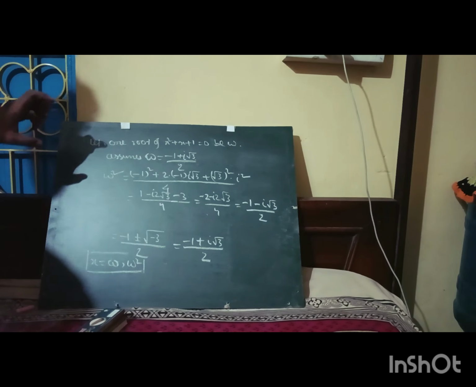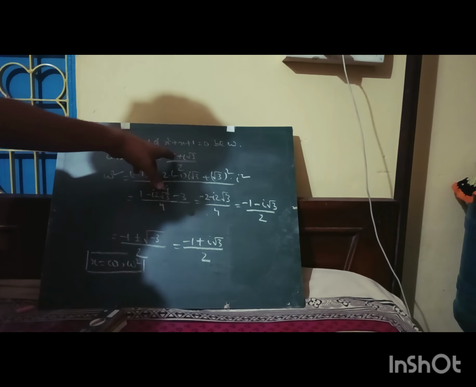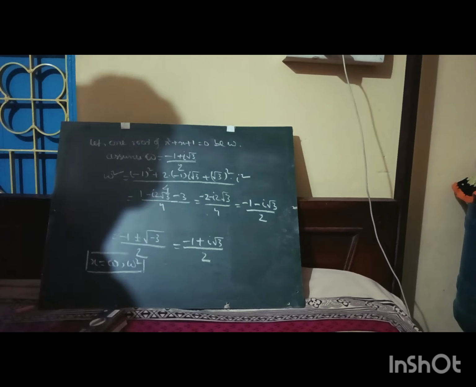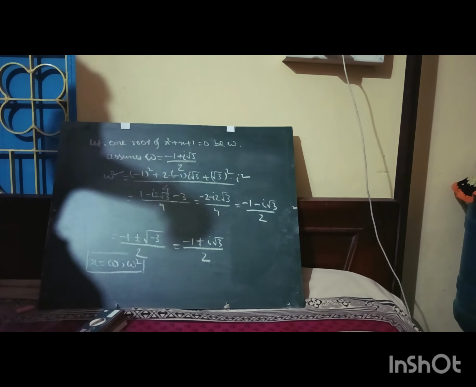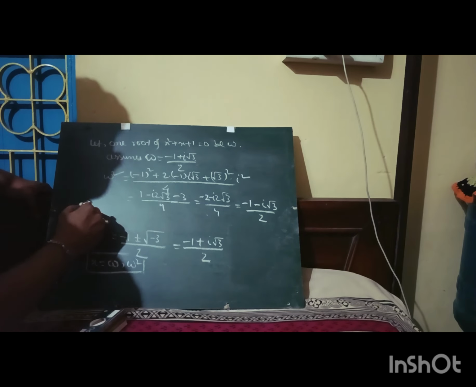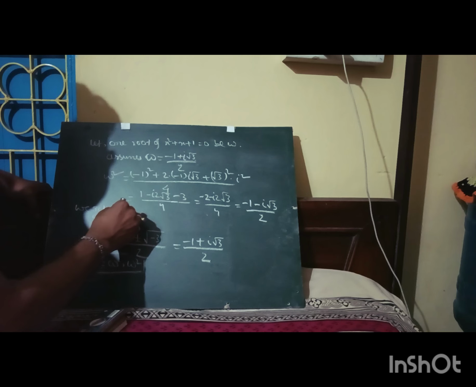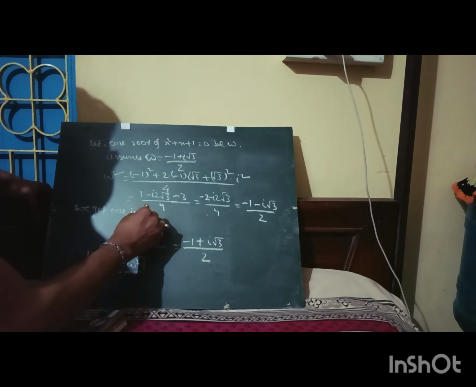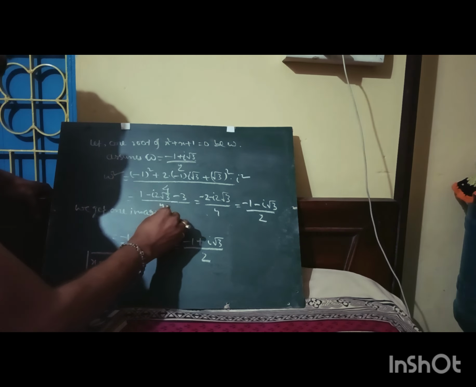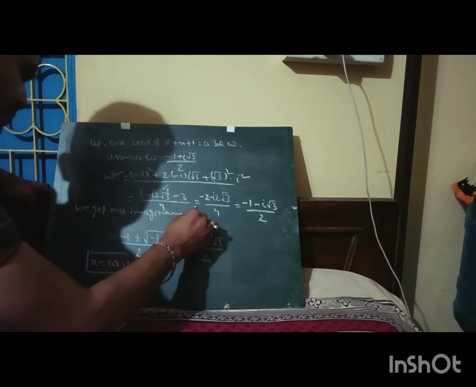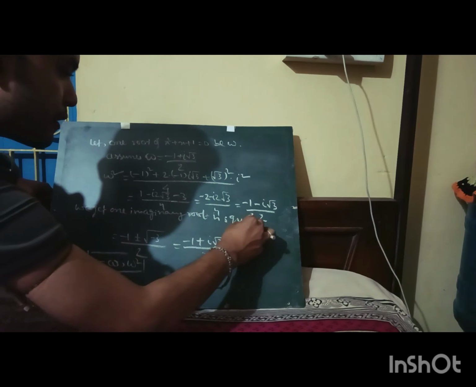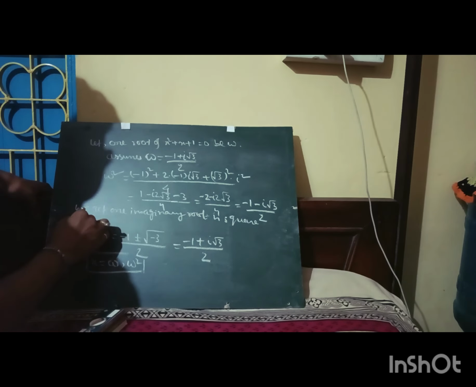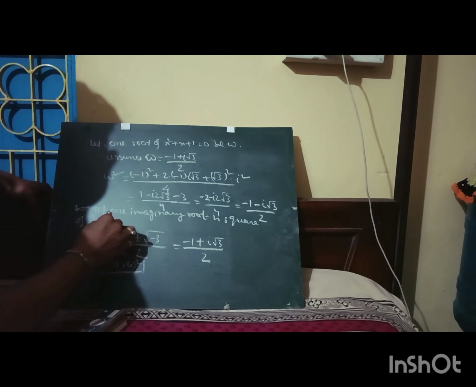You see that omega means minus 1 plus i root 3 by 2, but omega square is another root of x square plus x plus 1. That means one imaginary root is the square of the other.